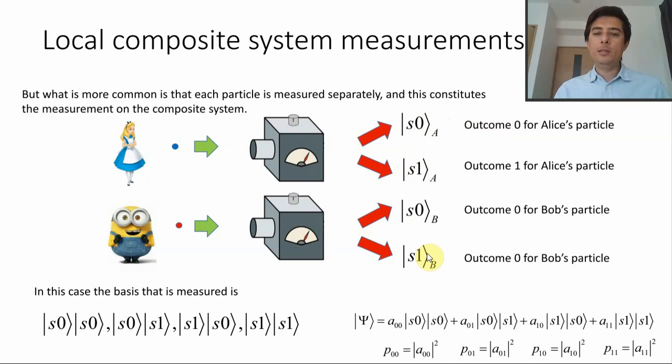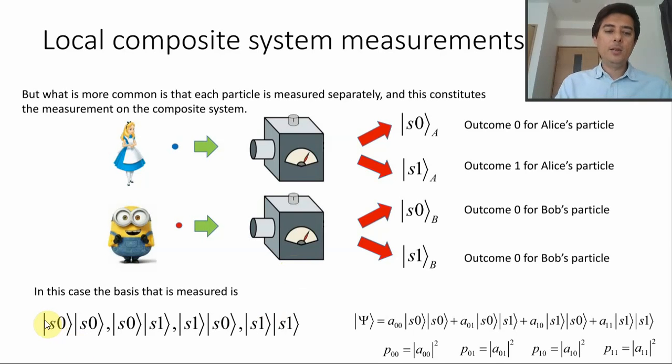If we take these two boxes together, we can regard that as our two-particle measuring machine. We've got two machines, but if we block the whole thing together, we still have our four outcomes. So this is the more common way you'd actually measure the particles.